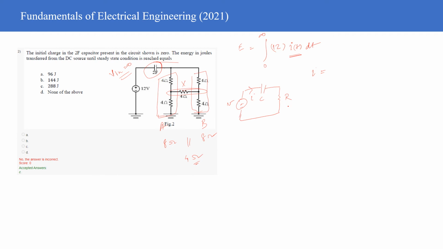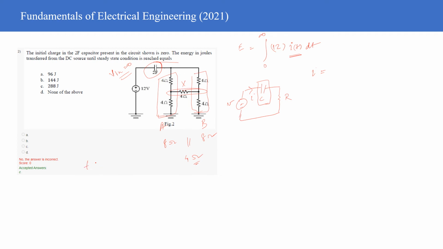How is the capacitance going to behave at time t equals 0? It's going to be a short. So at time t equals 0, the capacitance behaves as a short. At time t equals infinity, the capacitance behaves as an open circuit.